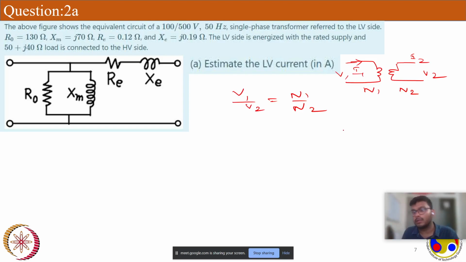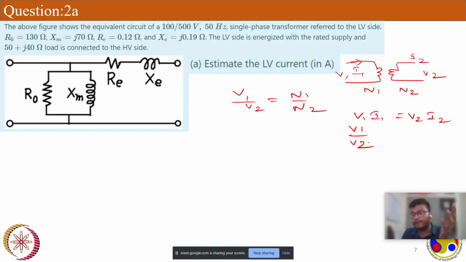Now we know everywhere, the common law is energy balance should be there, right? V1 I1 is equals to V2 I2. Whatever power that is supplied by the primary side should be delivered to secondary side. Power balance is universal law, right? Now, V1 by V2.